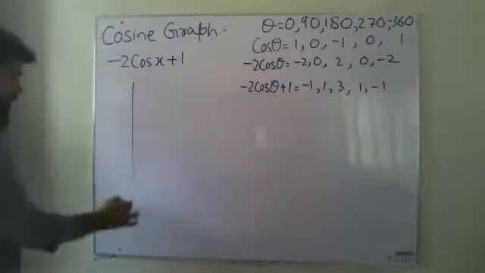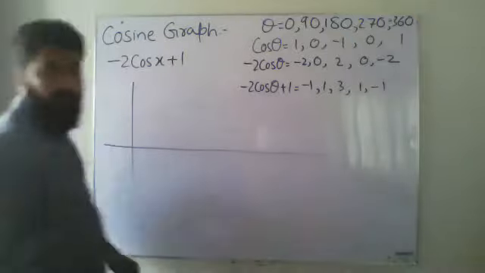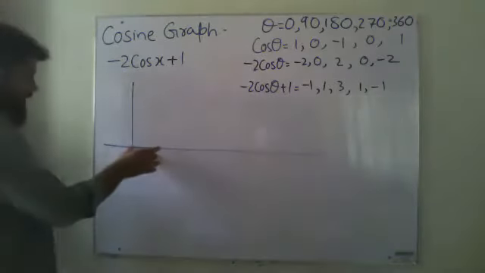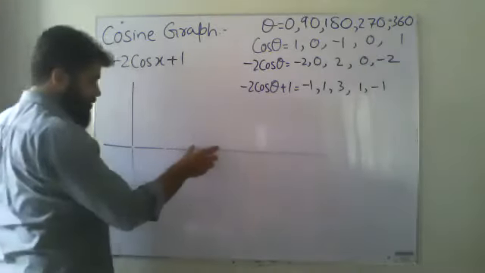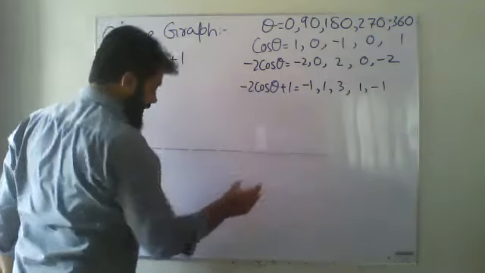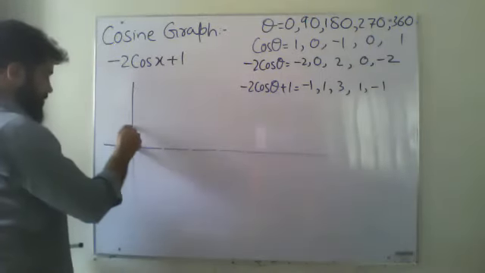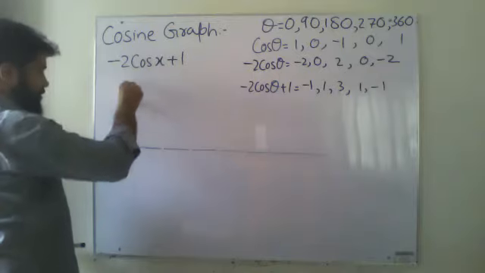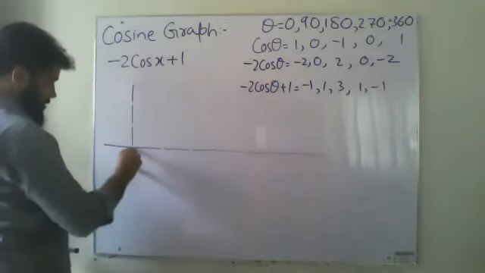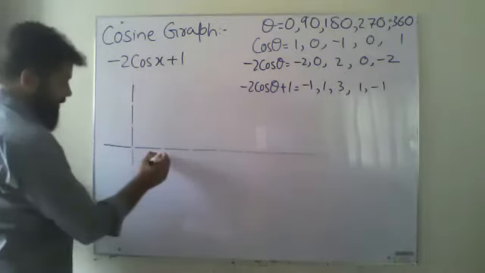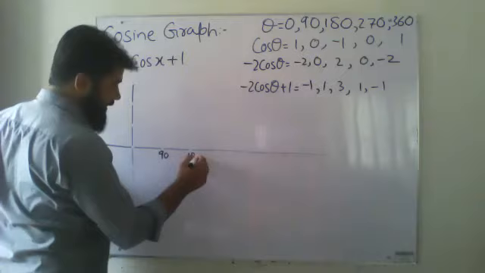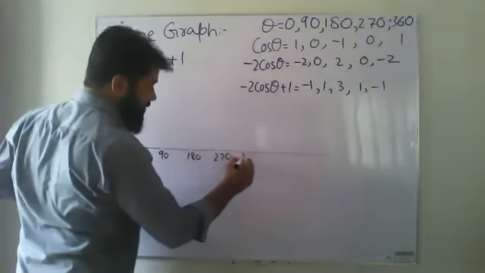Okay. So now I'm going to plot my graph over here. On the axes, 1, 2, 3, 4, 5, and 1, 2, 3, and 1 over here. The x-axis is 90, 180, 270, 360.